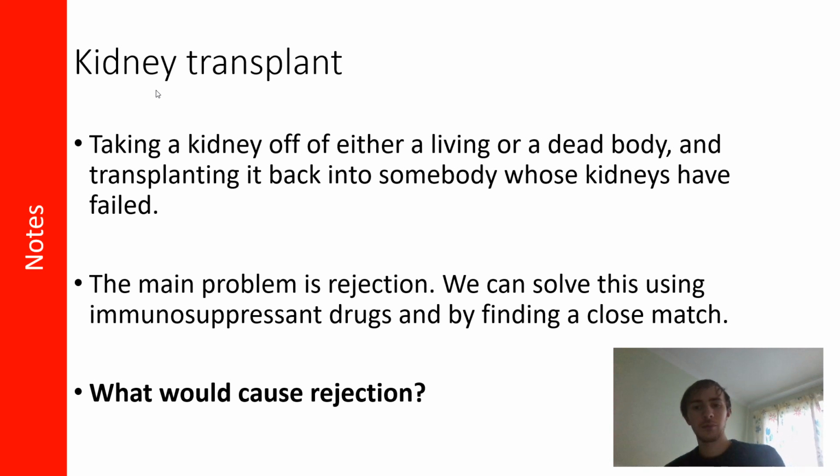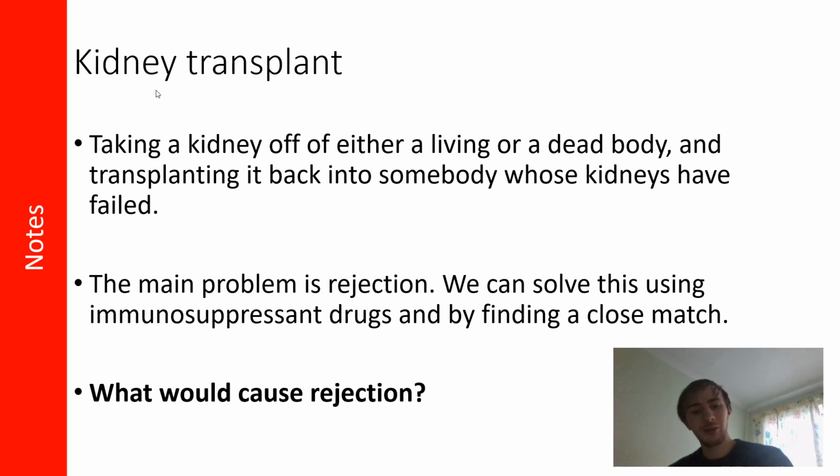Now, kidney transplant is basically taking a kidney from either a living person or from a very recently dead body and transplanting it into somebody whose kidneys have failed. Now, there is one huge issue with this, and that is rejection.